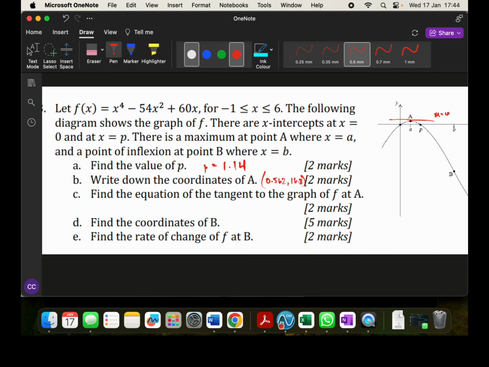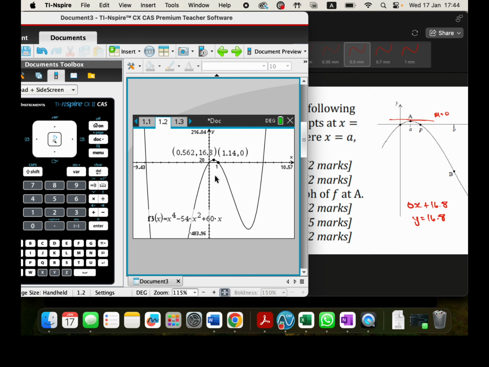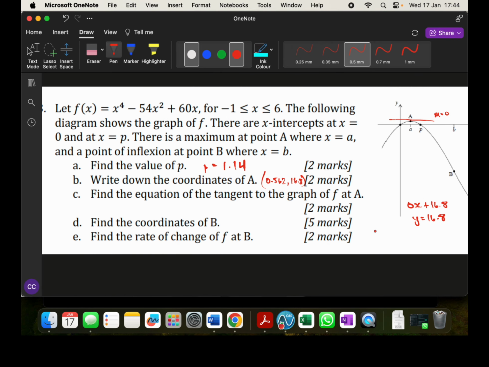Well, the slope would be 0. So it would be 0x plus whatever that other thing is. So 16.8. So it's going to be y is 16.8. I'm saying 16.8 because that's what I think I saw there. Yeah, it's 16.8. Y is 16.8.